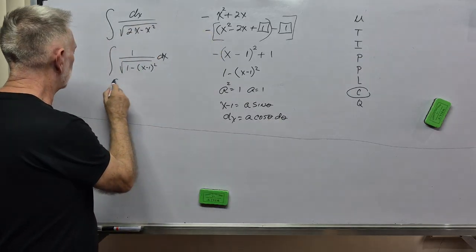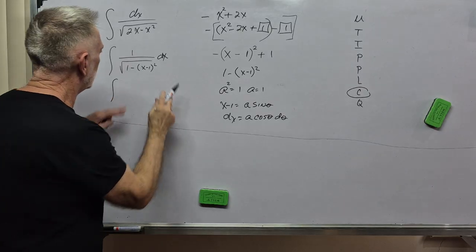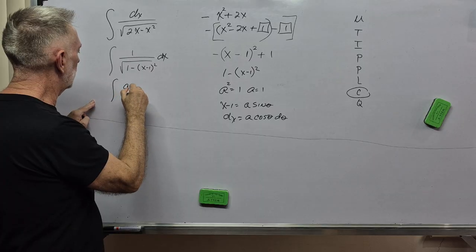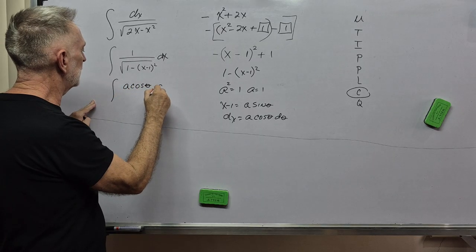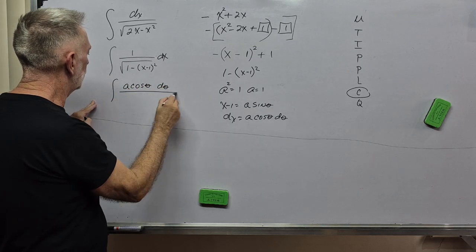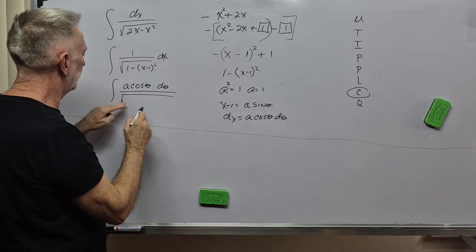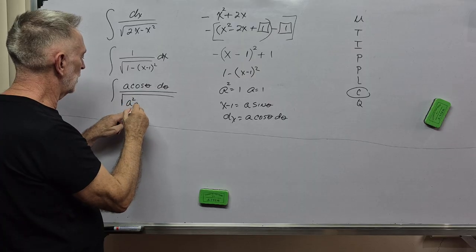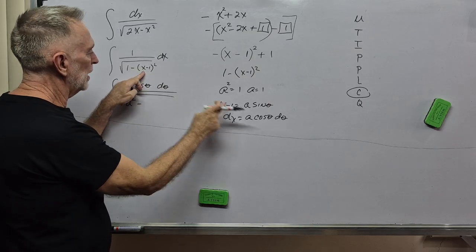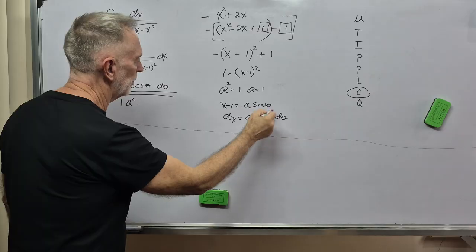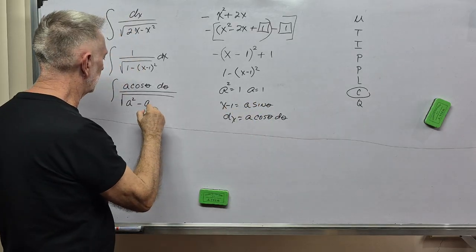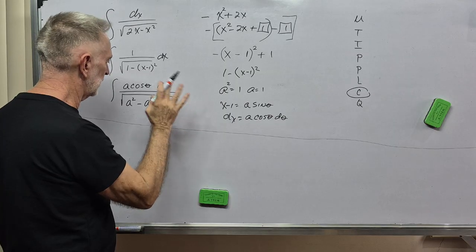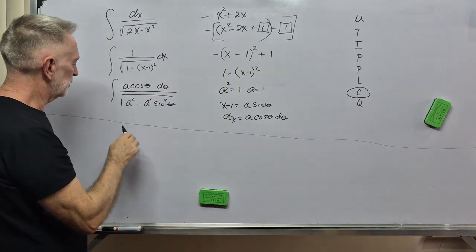Now let's fill in the blanks. dx is replaced with a cosine theta d theta over the square root of a squared, which is 1 squared, minus x minus 1 squared, so I have a squared sine squared. I know there are ones, but the process is the same here.